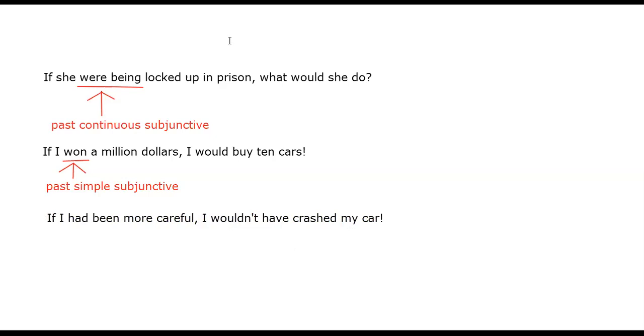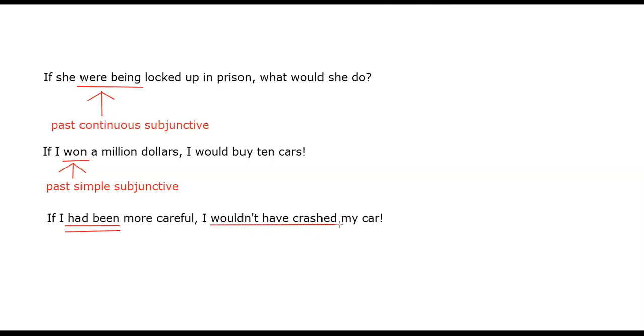A past hypothetical situation. You weren't careful. In the past, you were not careful. But if you had been more careful, then you wouldn't have crashed your car. So this is a past event, right? And this here, remember, one and were being, these are present events. This here is a past event. So if I had been more careful, I wouldn't have crashed my car. And this is also a past event too.